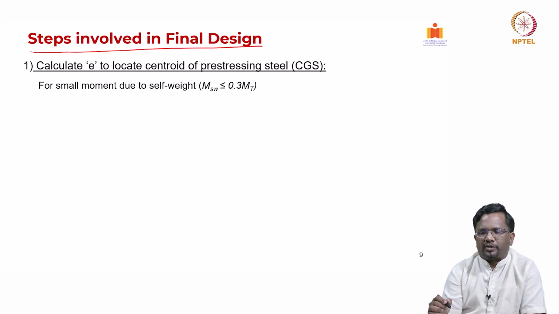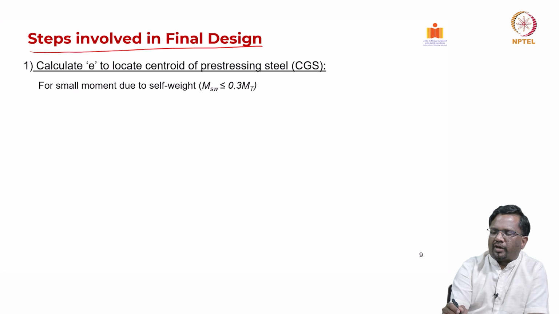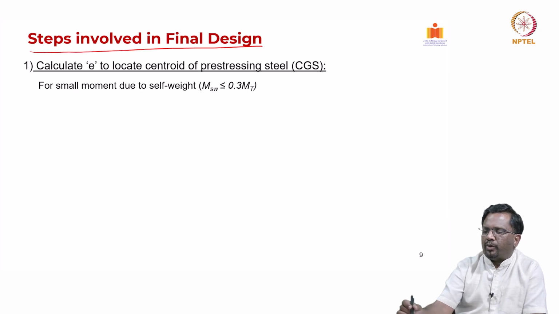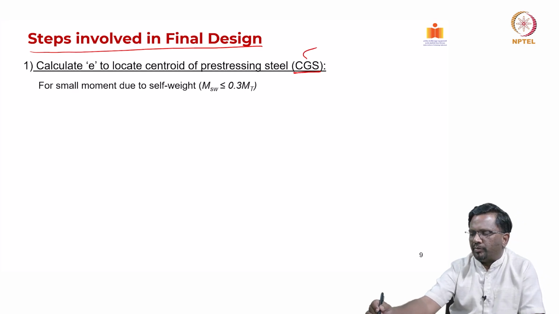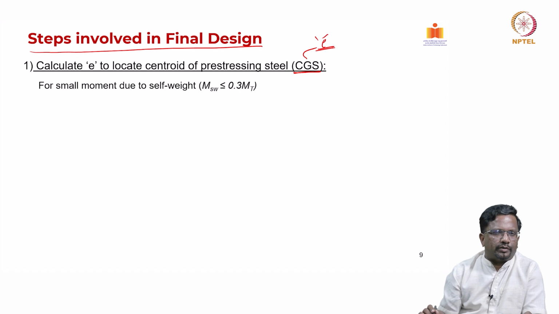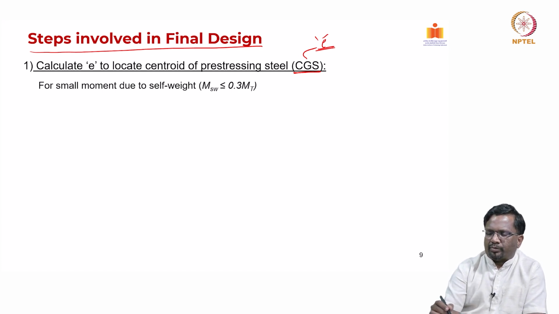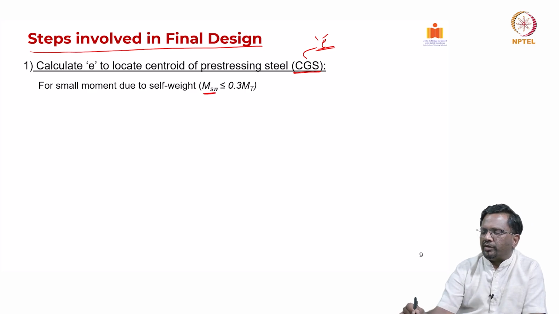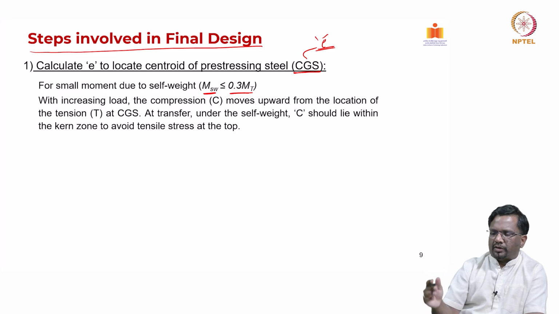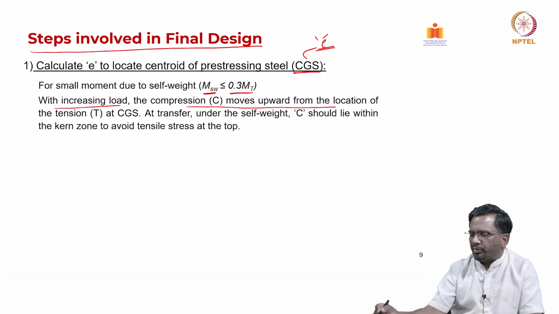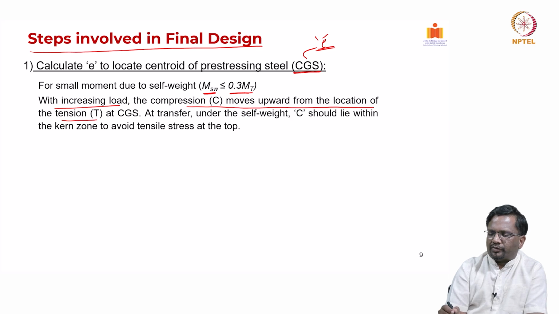Now you see what are the steps. The first step is to calculate eccentricity to locate the CGS. That is nothing but your eccentricity calculation only, right? So again we have some procedures for small moments due to self-weight. That means self-weight moment, if it is less than 30% of a total moment, then as we know, when the loads are increasing, compression force moves upward from the location of tension force.